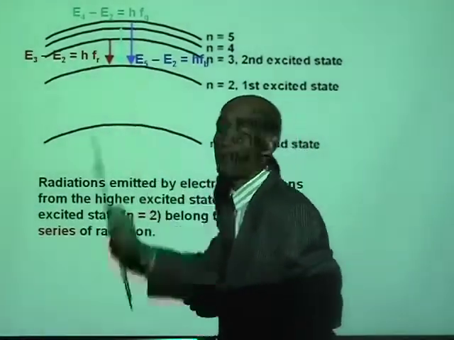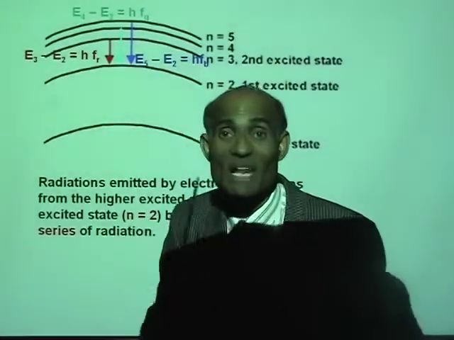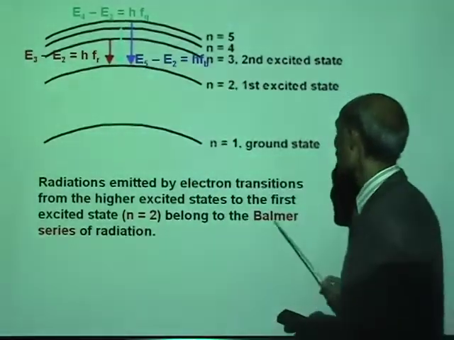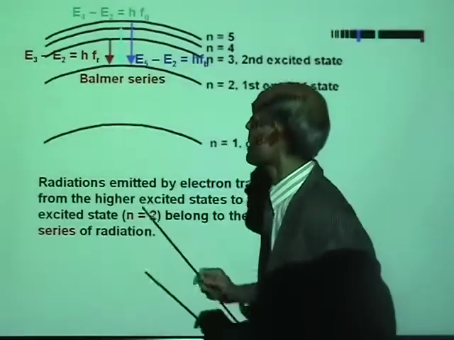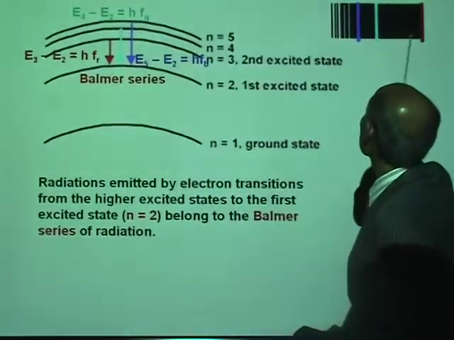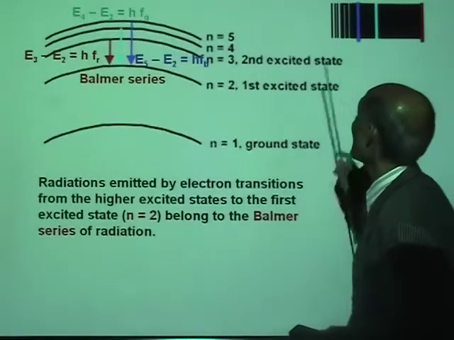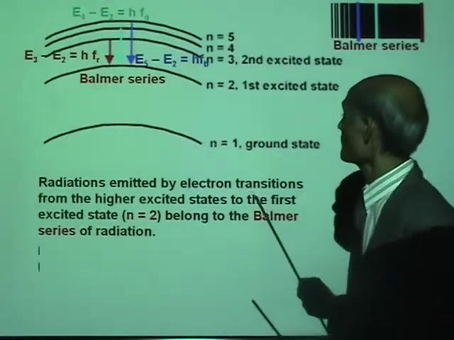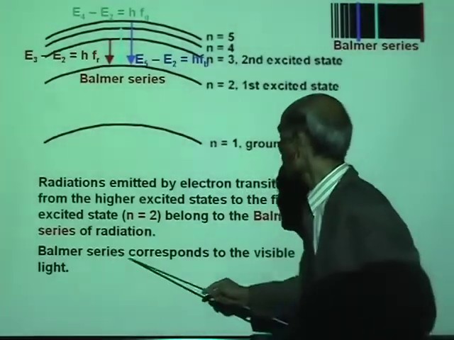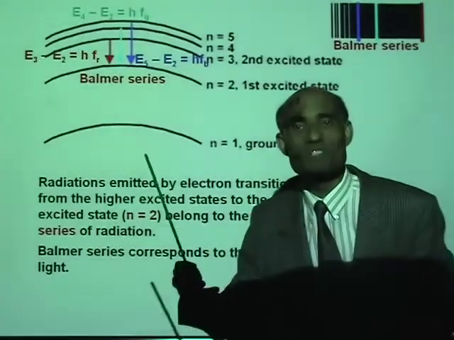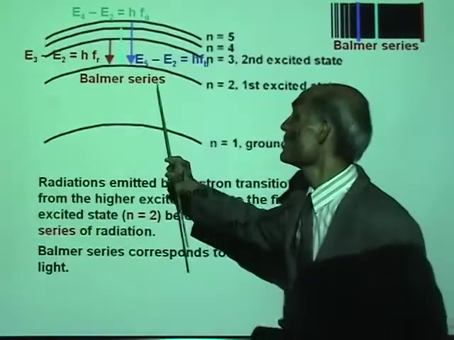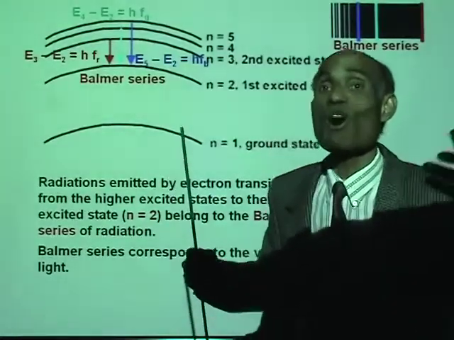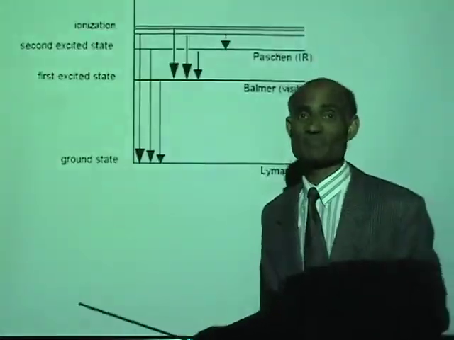And that is what gives the visible light. And that series is called Bohr series. So this is the Bohr series, which is red, green, and blue. Alright. Bohr series corresponds to the visible light. The light that makes us see things is the Bohr series of radiations.